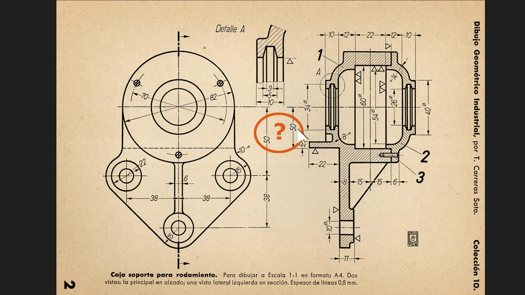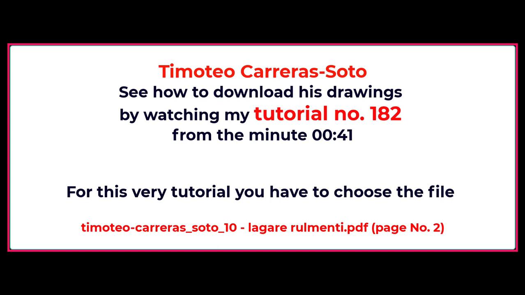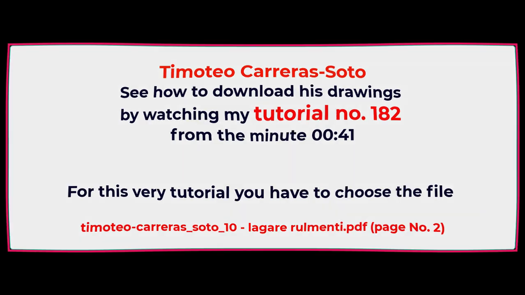This is a wrong dimension. I made some other modifications. This part is taken from Timoteo Carrera Soto drawings, and you can download it by watching the tutorial number 182, as you can see here.